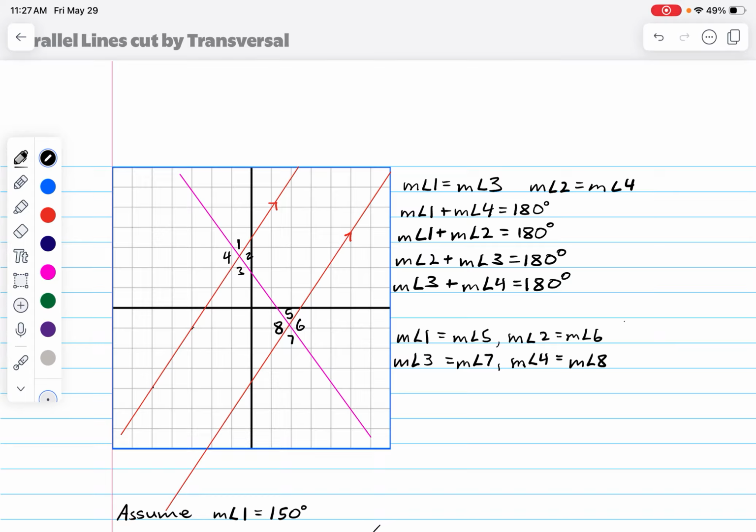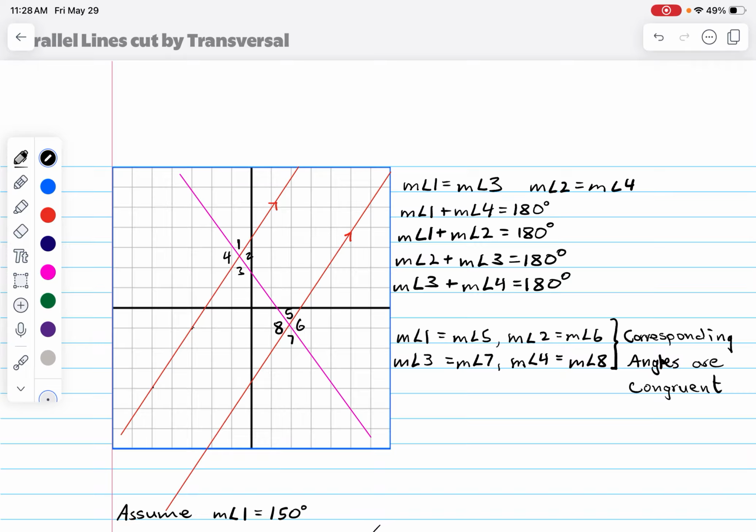Now these are corresponding angles. And corresponding angles are congruent. So that's something we want to take note of, that these angles right here, corresponding angles, are congruent.